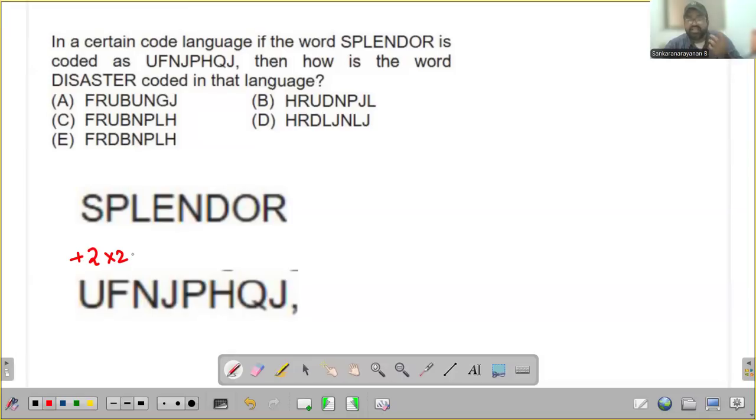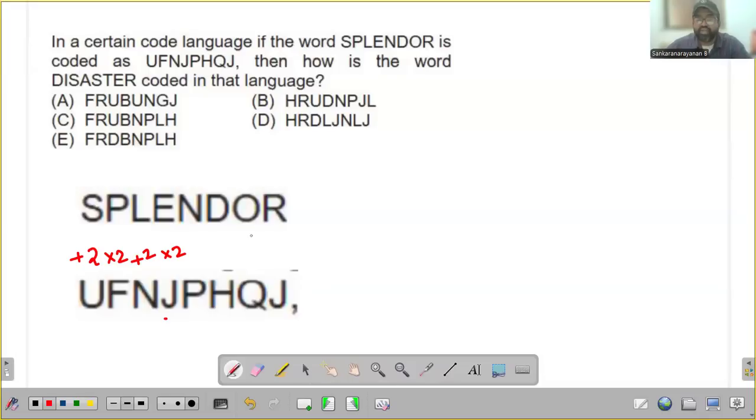So the sixth letter F comes over there. And now you can see L plus 2, it is M, N. E, it is 5. 5 into 2, you know, it is J. So like that you see, it is plus 2, into 2, plus 2, into 2, plus 2, into 2.